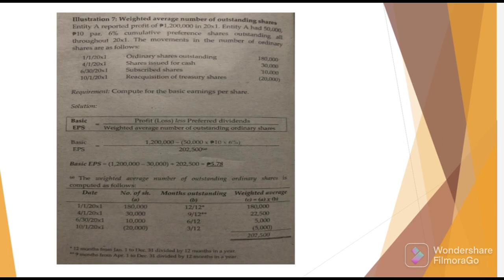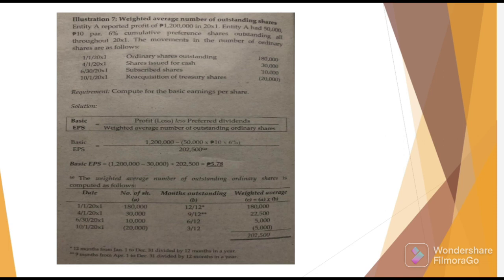Minus preferred dividends na 50,000 times 10 pesos par and times mo ulit sa 6% na naka-indicate doon sa given natin. Ngayon, kukumpitin na natin yung weighted average number of outstanding ordinary shares.